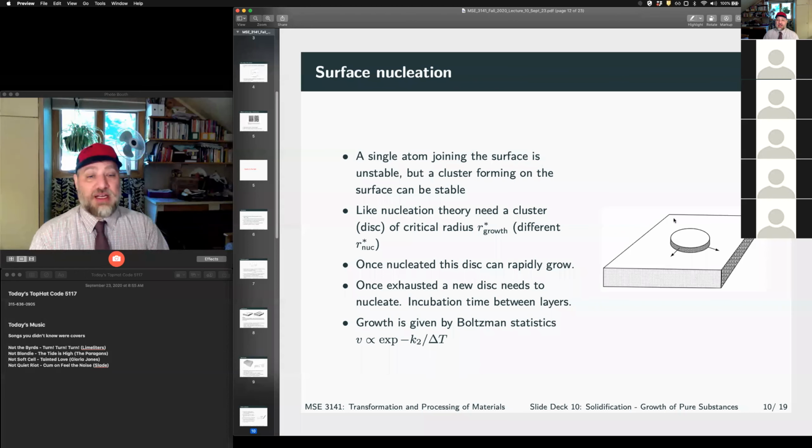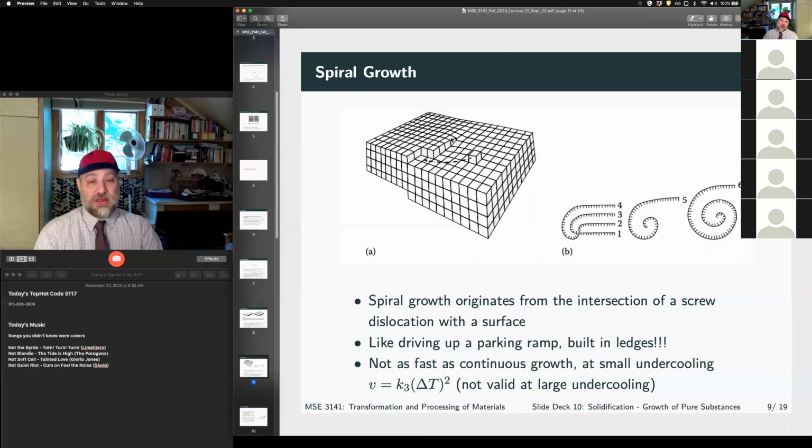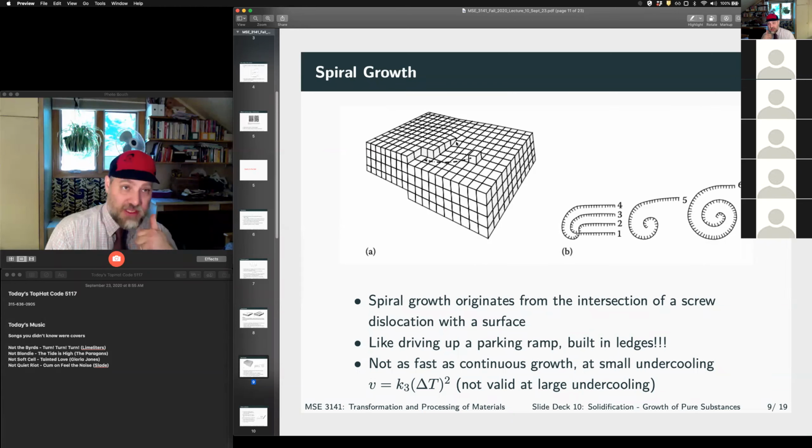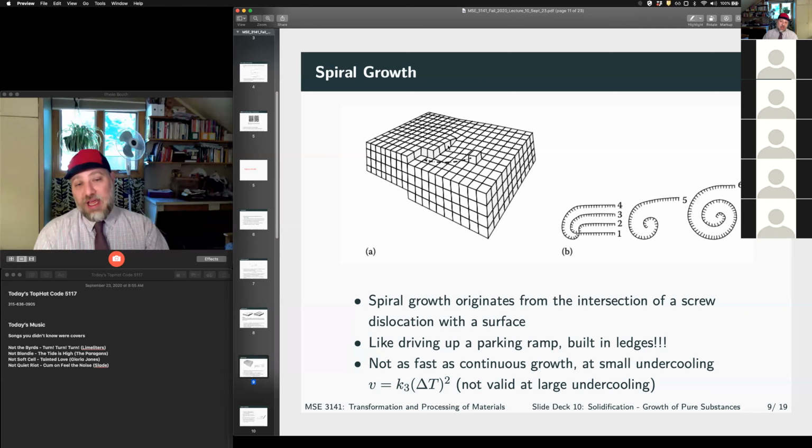To nucleate on a surface, we can also have surface nucleation. So before we go on, a natural question to ask is how common are these screw dislocations that intersect a surface? Well, it turns out these are actually fairly common, in epitaxial growth and in device fabrication, for those of you that are interested in functional materials.